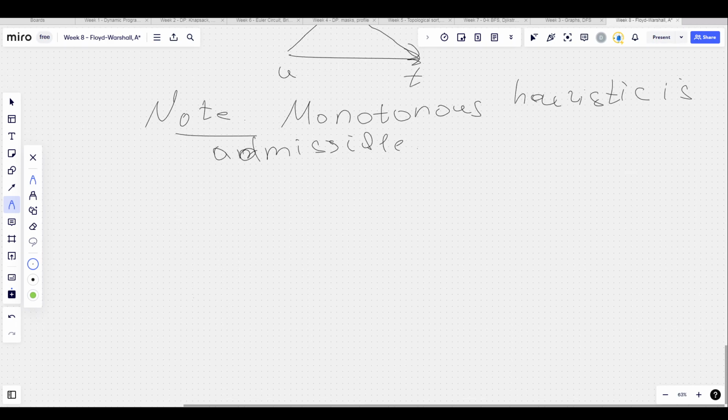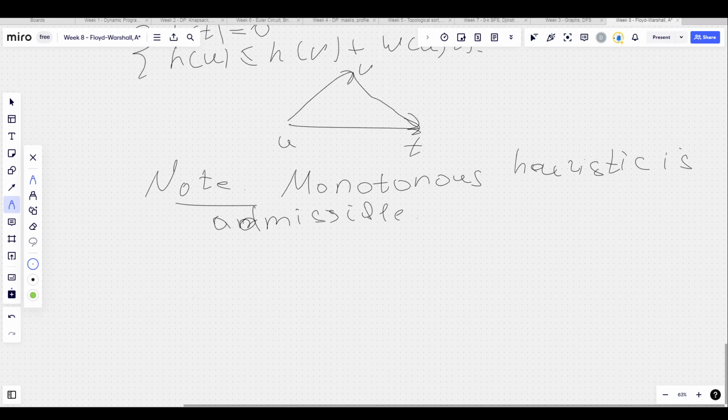And second, for each u, let p be the shortest path from v to t.